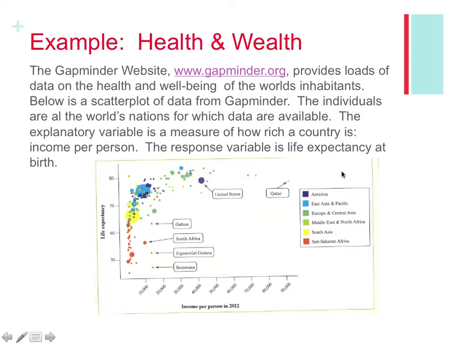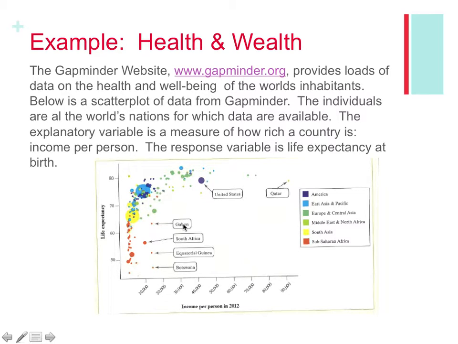For example, East Asia and the Pacific, and Europe and Central Asia, the greens and light blues here, may not be as wealthy as the United States, although they are generally living the same life expectancy, as opposed to sub-Saharan Africa down in red, which are significantly poorer countries and are definitely not living the same life expectancy as the wealthier countries.